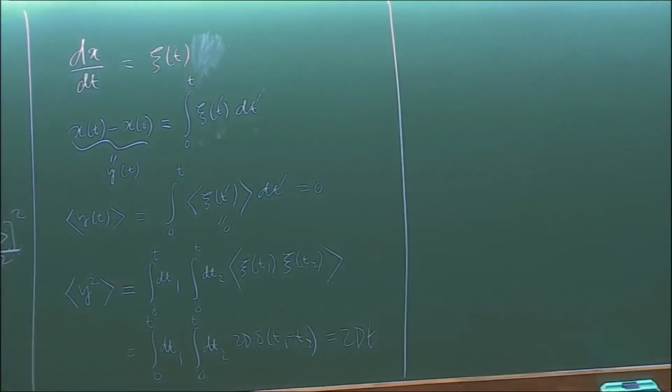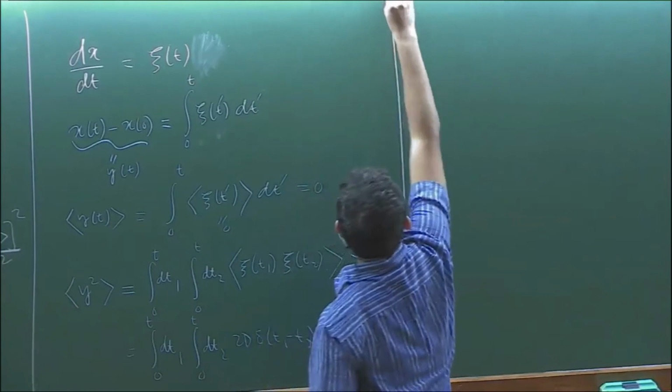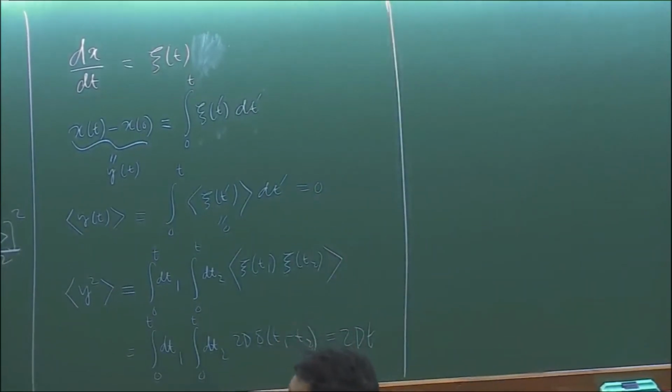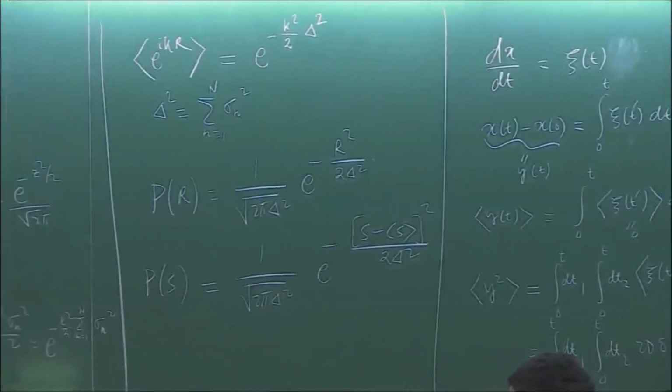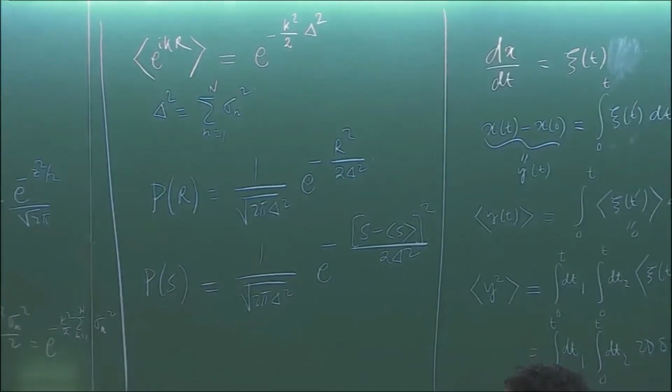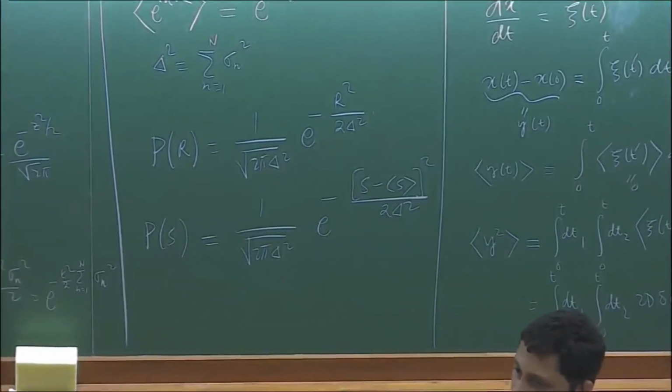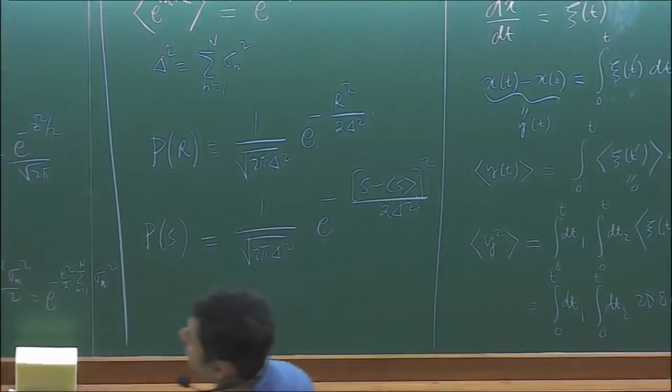Okay, so let's go to this Gaussian distribution assumption. Why have I been saying that this is Gaussian? First of all, of course, it helps you to do calculations. But second, what is the justification behind assuming that this noise is Gaussian? Let's look at this sum.